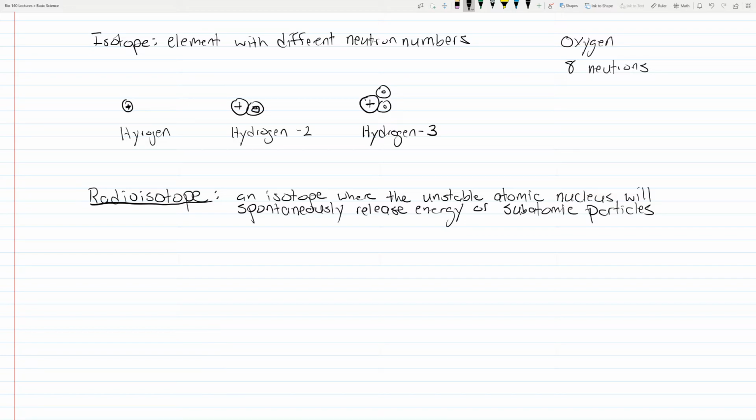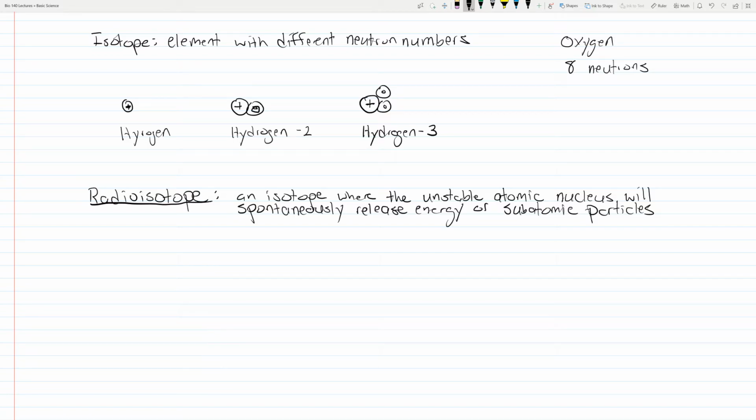The principle of this is that these radioisotopes are releasing energy. And so when you bombard them with X-rays, they glow a little bit. There's a clinical use for radioisotopes, but more important is that you understand the principle of what a radioisotope is.